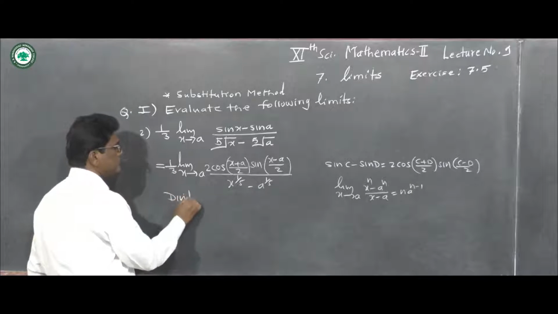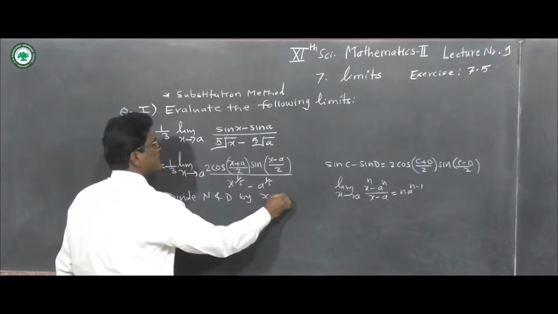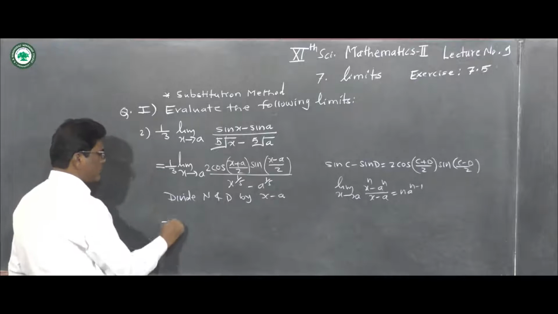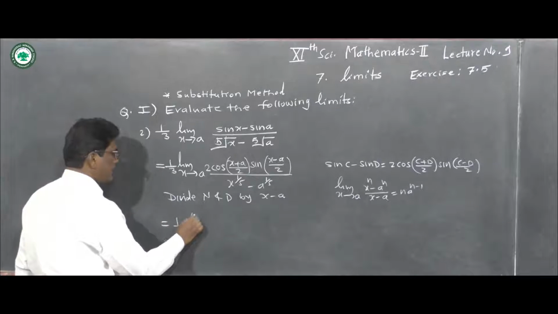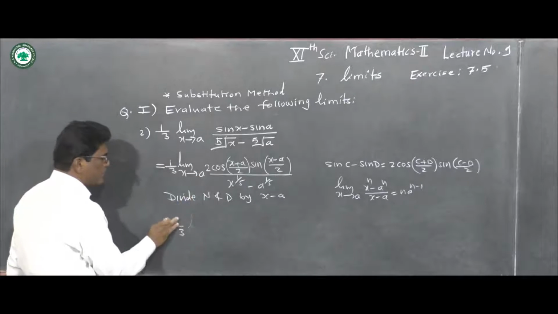Divide numerator and denominator by x minus a. So it is equal to this 1 upon 3 as it is. This 2 we take outside the limit, so 2 into 1 upon 3 is 2 upon 3.